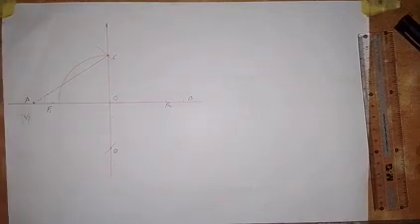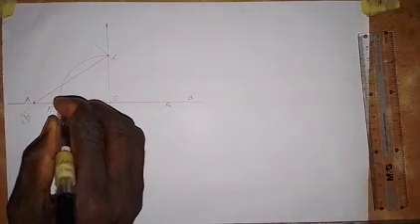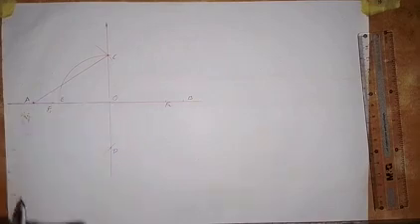The arc meets the line AB at this point, which I will call point E. So this is point E here.